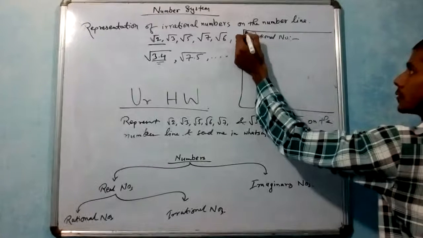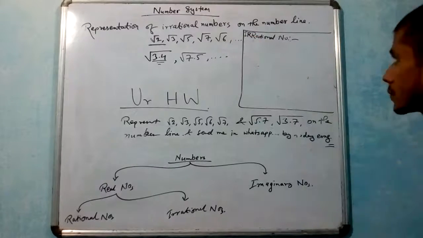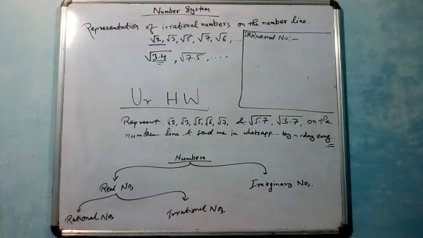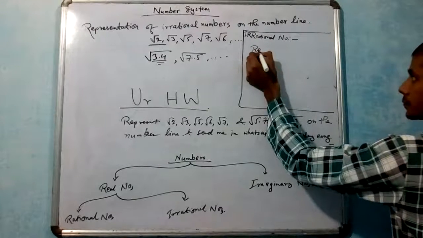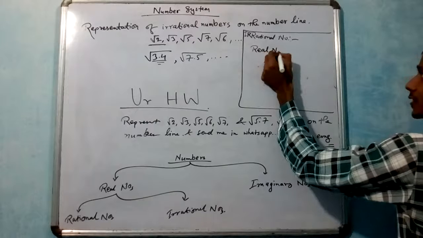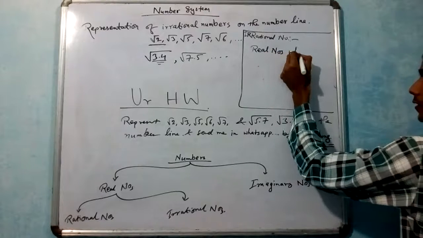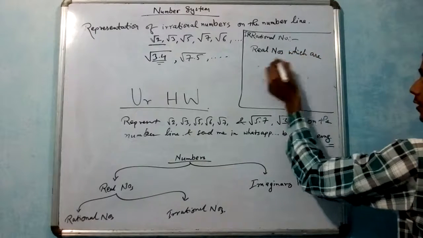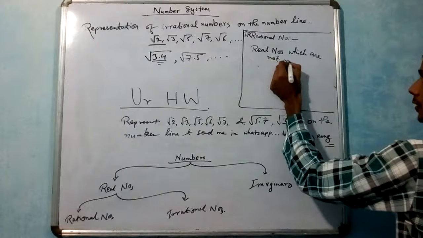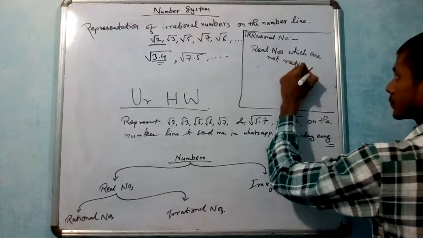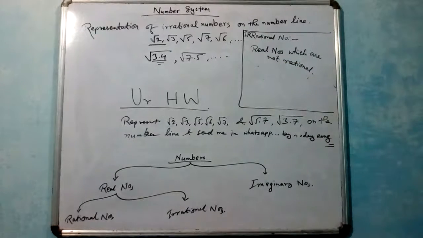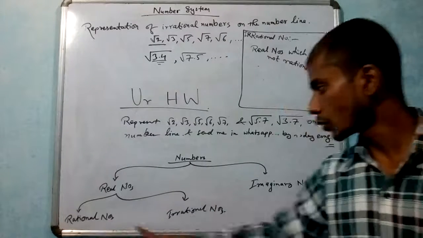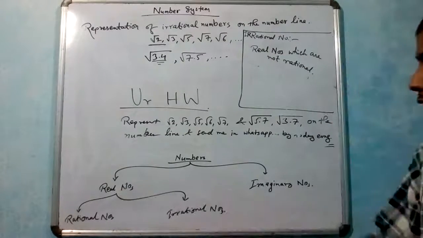What are irrational numbers? Real numbers which are not rational. Rational and irrational, both are real numbers, no?